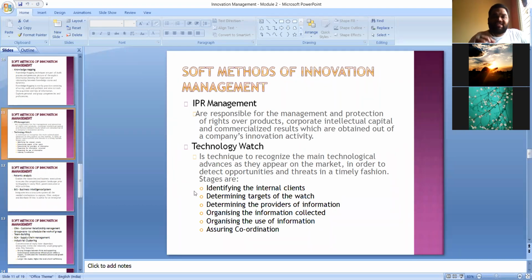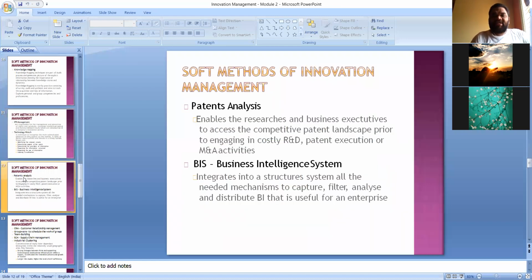So this also we have discussed, that is intellectual property rights and the technology watch. Then we have come across patents analysis and also business intelligence system. I have already told you that business intelligence system is a very important one in every business.